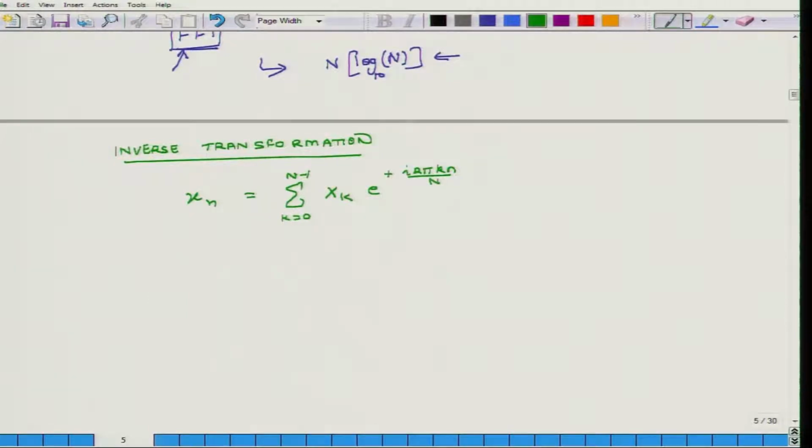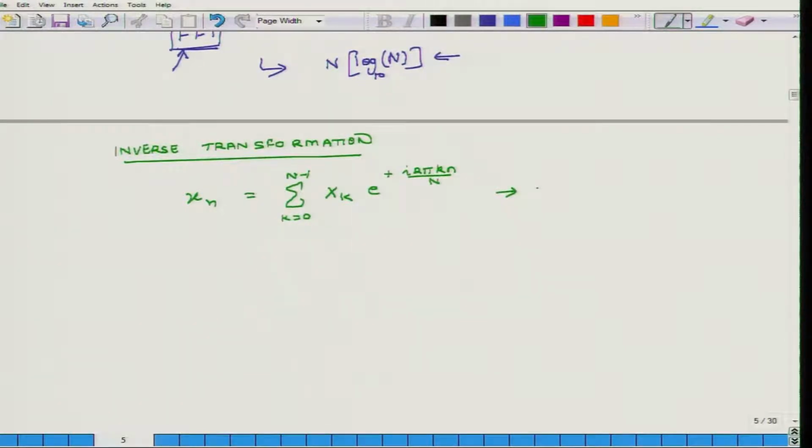So, when I do all the addition, k goes away, and I only end up with xn. So, in the first calculation I compute x0, in the second calculation I compute x1, and so on and so forth till n becomes equal to n minus 1.